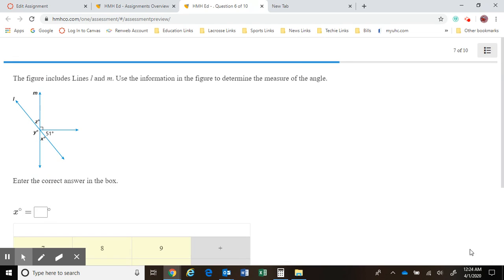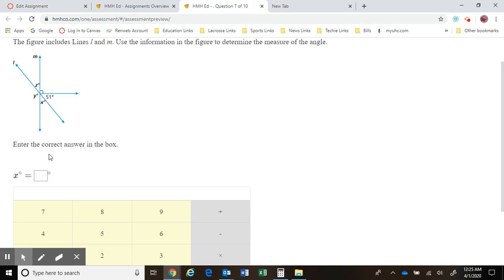Moving on. All right, let's see. The figure includes lines L and M. Use information in the figure to determine the measure of the angle. Okay, so I'm looking for the measurement of angle X. So you've got a 51-degree angle measurement here and angle X. Clearly, this forms a right angle because this is a straight line here.